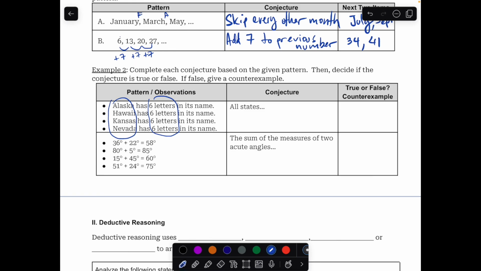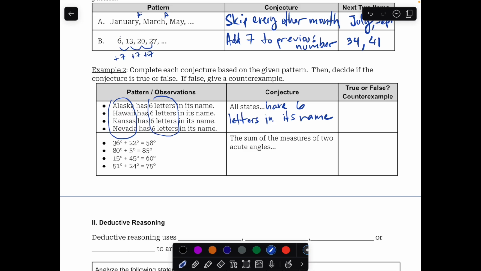So our conjecture is going to be that all states have 6 letters in their name. Is that true? If it's not true, we need one counterexample to make our conjecture false.